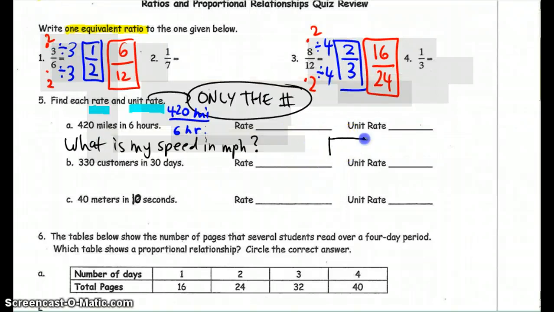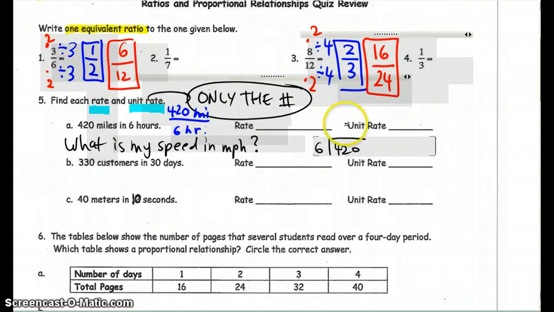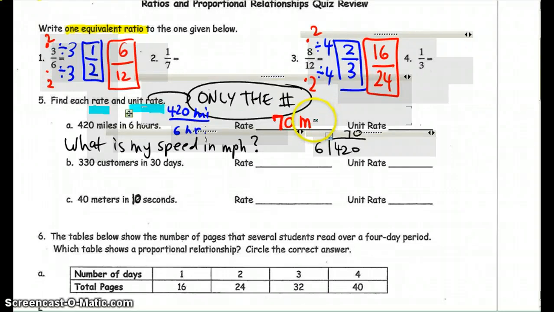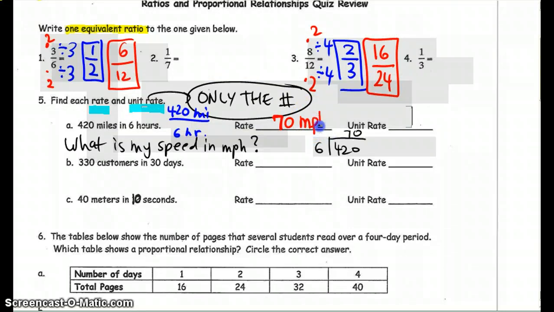So in a fraction, I will put the 420 into the box and the 6 outside it. When I do so, I get 70. My rate is going to be 70 with the label miles, not just miles, but miles per hour.